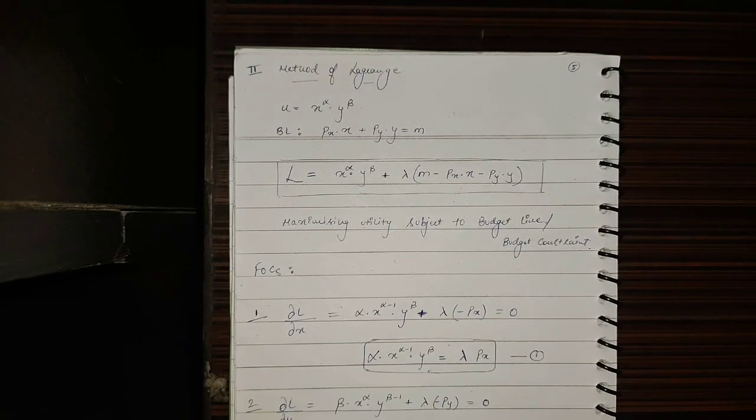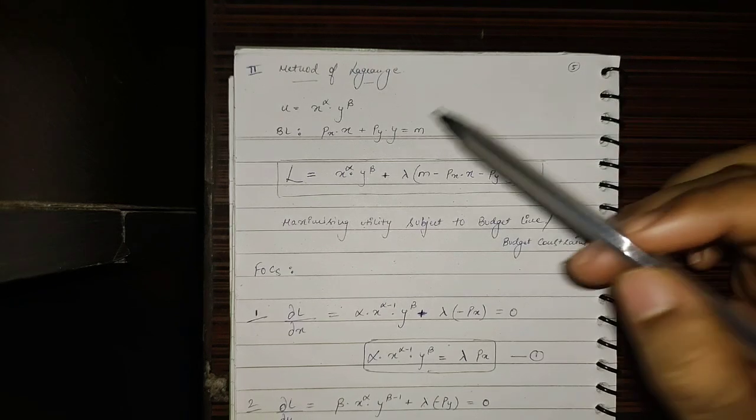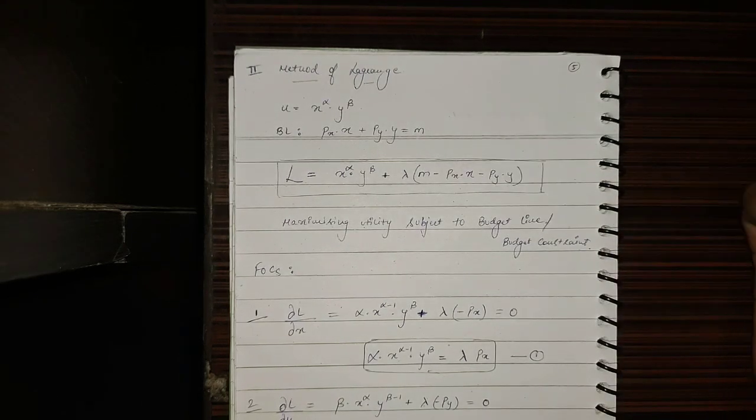So the second method, that is the method of Lagrange. Here we would again need the equation of our utility function, that is u equals x raised to alpha and y raised to beta. The equation of the budget line is again the same, px multiplied by x plus py multiplied by y equals m.